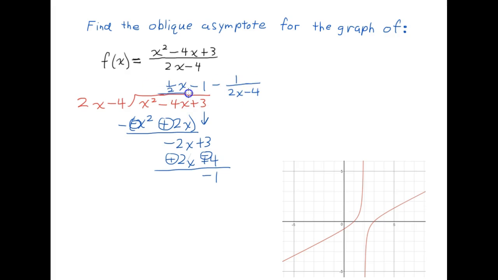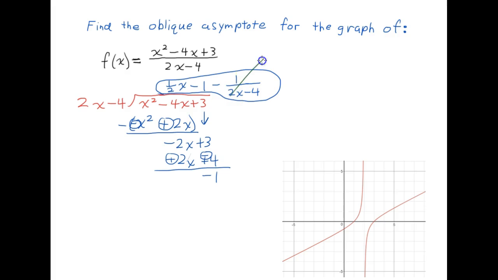So this is the same function that we have up here, but it's just rewritten as this quotient plus the remainder over the divisor. As x gets very, very large, this whole thing goes to 0. I'm going to change the color there to show that.